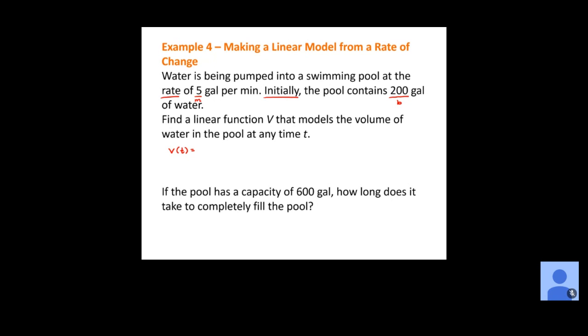So now I'm just going to substitute them in. And so this is going to be 5 times t, because we're using t as our variable this time, and then plus 200. Okay, so this linear equation now tells us we have a starting value of 200 gallons, and we are rising at a rate of 5 gallons per minute.